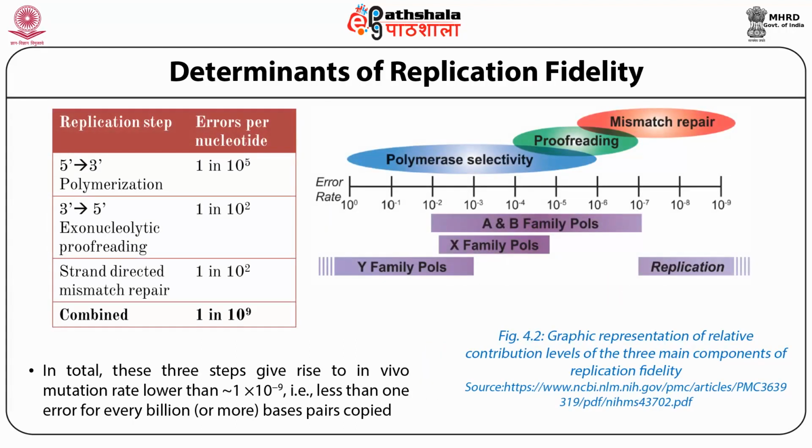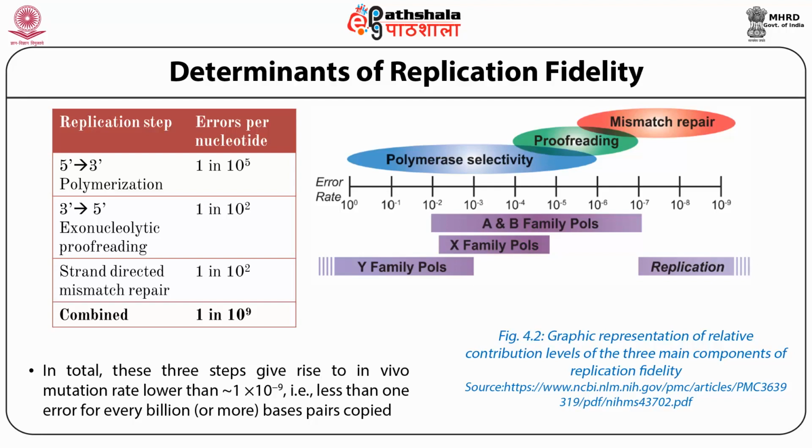Multiple factors determine that the replication of DNA is performed in an accurate and precise manner. The determinants are the combined result of polymerase selectivity, giving an escape rate of 10⁻⁵, 3' to 5' exonucleolytic proofreading ability showing an error rate of 1 in 10², and a strand-directed mismatch repair which gives an additional escape rate of 10⁻².